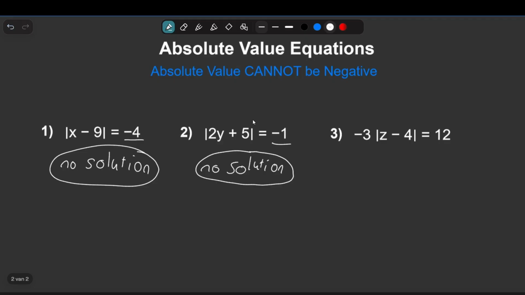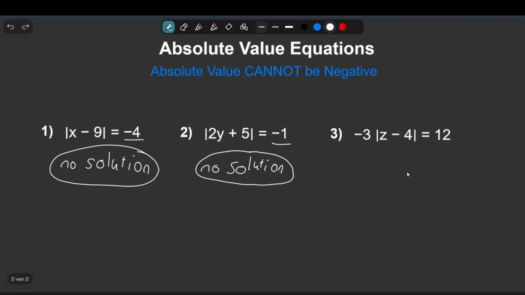Now let's go over to number 3. We have minus 3 times the absolute value of z minus 4 equals 12. For this one, you can see we end up with a positive, so we have to figure this one out by ourselves. Let's solve this equation with our usual method.